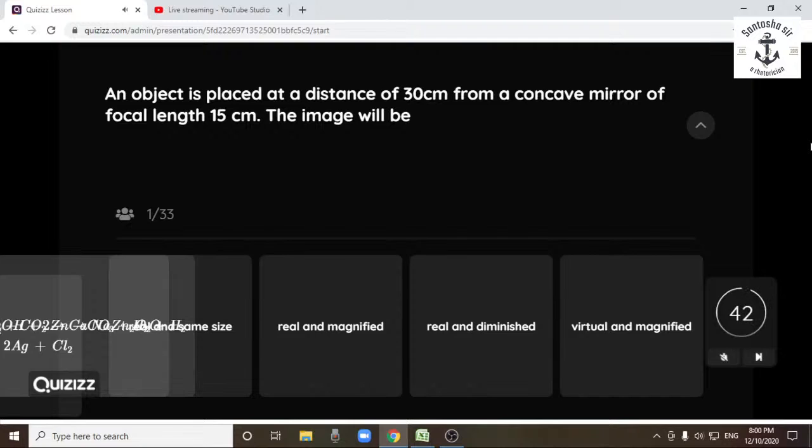An object is placed at a distance of 30 centimeters from a concave mirror of focal length 15 centimeters. The image will be... 30 seconds. Seconds.